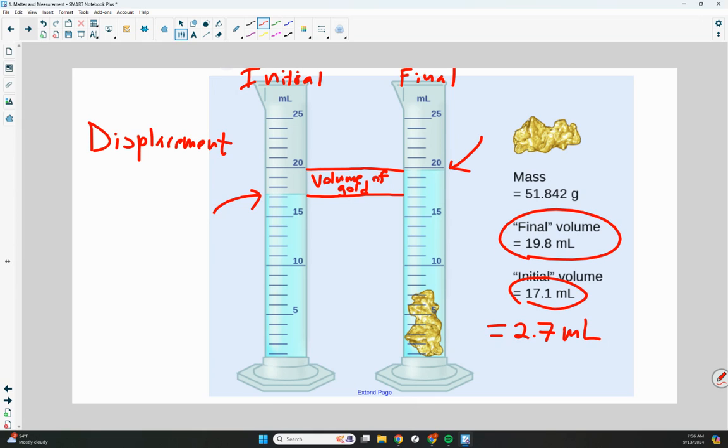And the difference in those is going to be 2.7 milliliters. So that's how much the water went up after we added this chunk of gold here. So that means that the volume of the gold is 2.7 milliliters exactly. So this is the same technique you're going to use to measure the volume of the pieces of metal that you are trying to identify in the density lab.